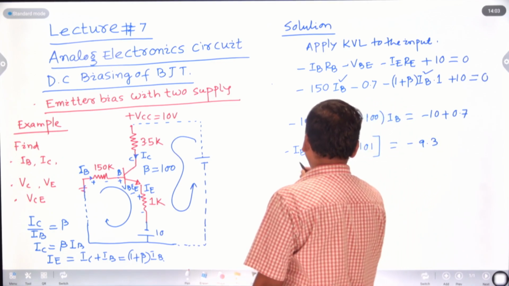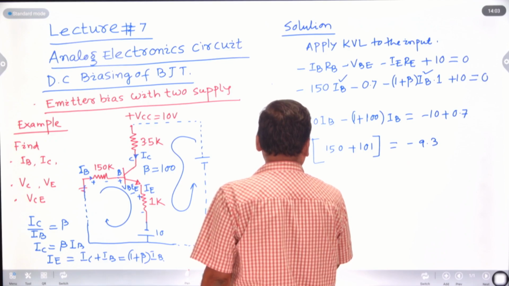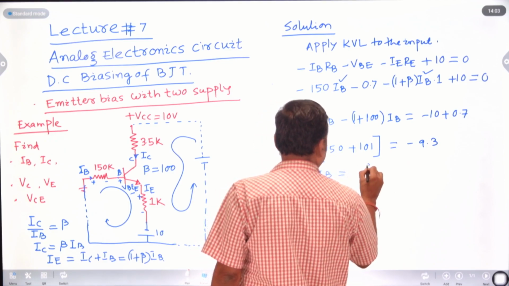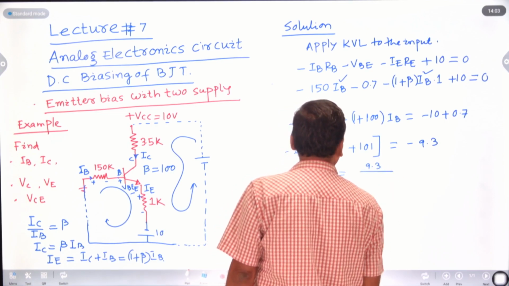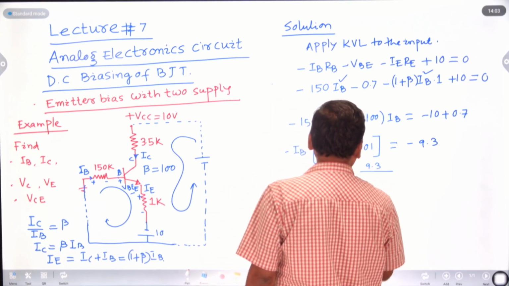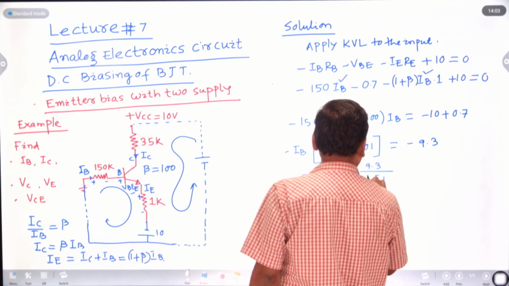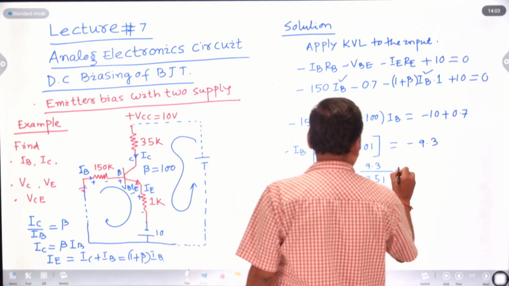Or IB equal to, minus will be cancelled out, base current IB equal to 9.3 divided by 150 plus 101, which is 251. What is the value of IB?